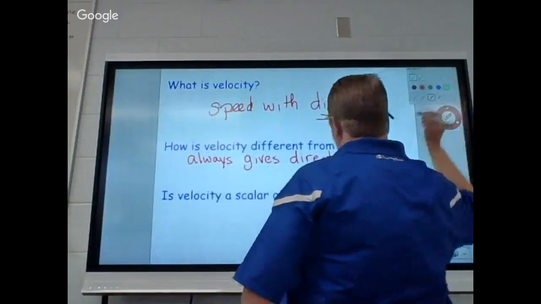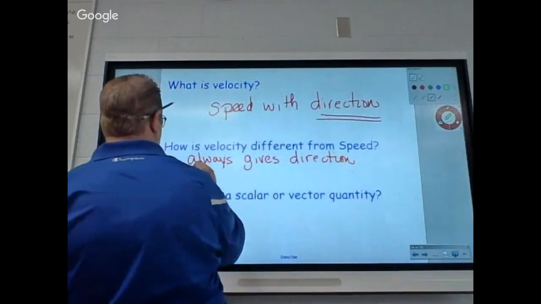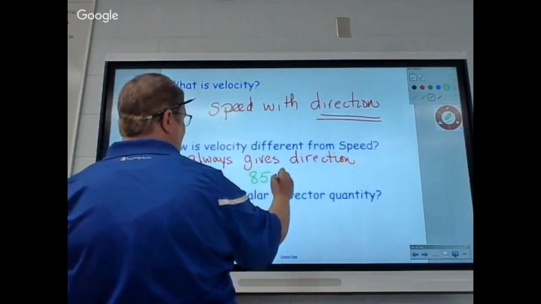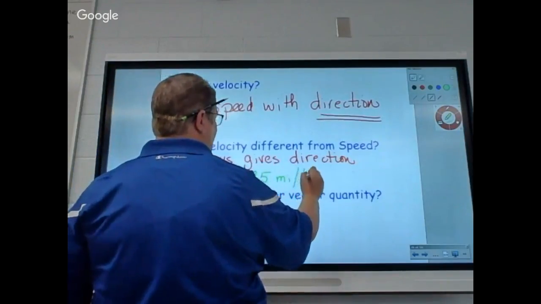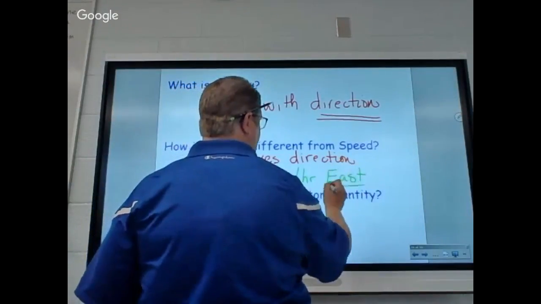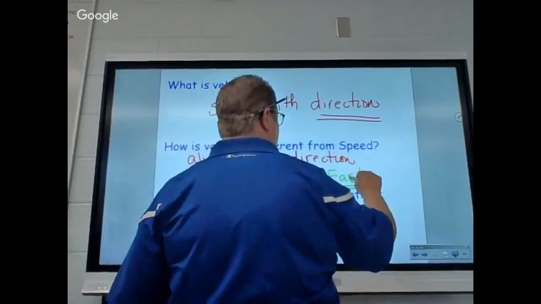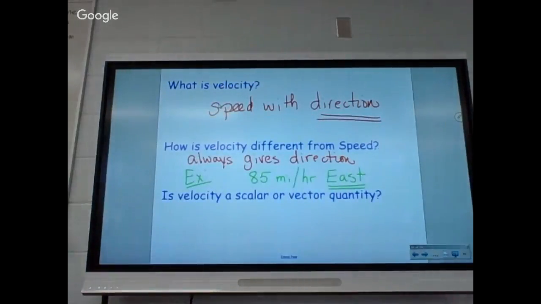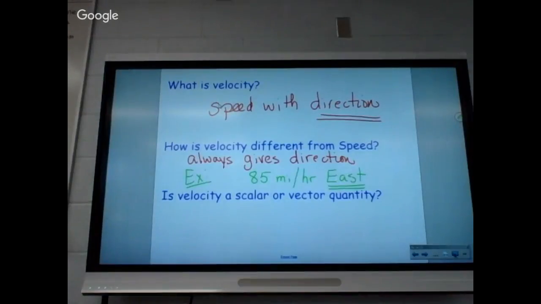I'm going to put an example up here. For example, it might say 85 miles per hour east. Whereas yesterday, when we were talking about speed, it only said 85 miles per hour. In these problems, it will always specify a direction.